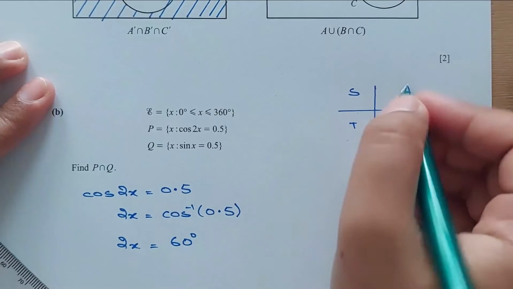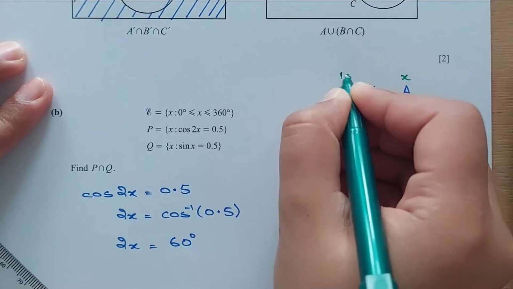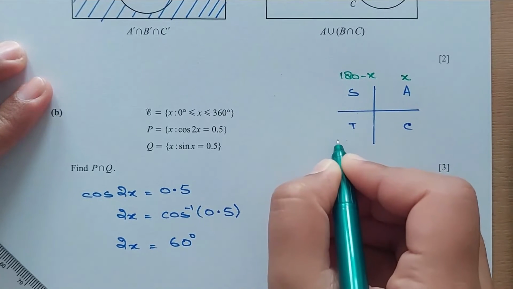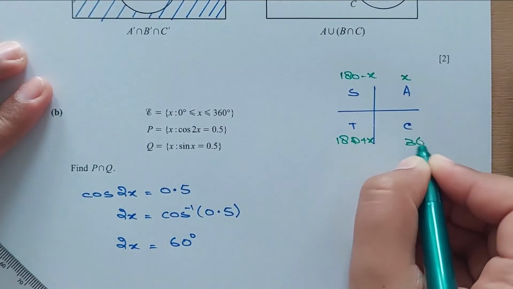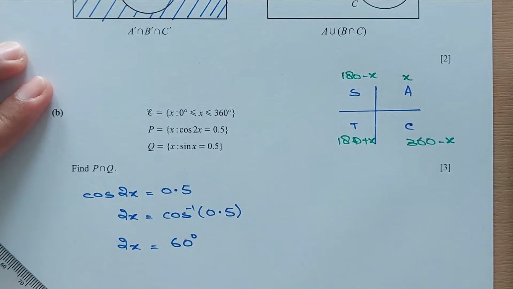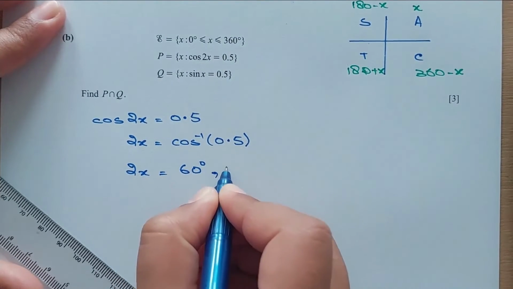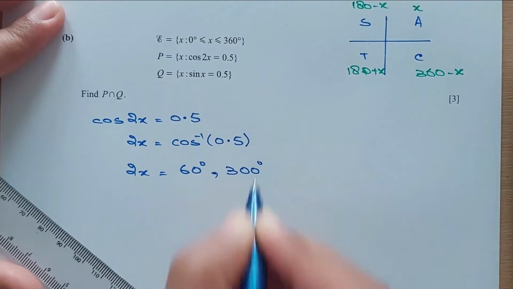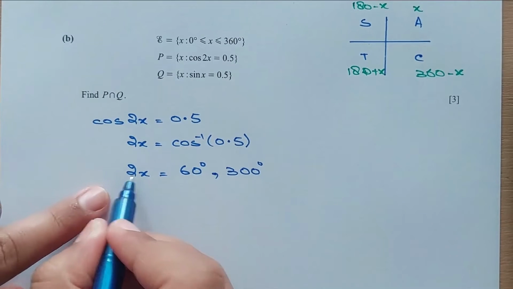So here we have the values for x: 180 minus x, here 180 plus x, and here 360 minus x. So since cos is positive in the fourth quadrant, the next angle is 360 minus 60, which is equal to 300, right?